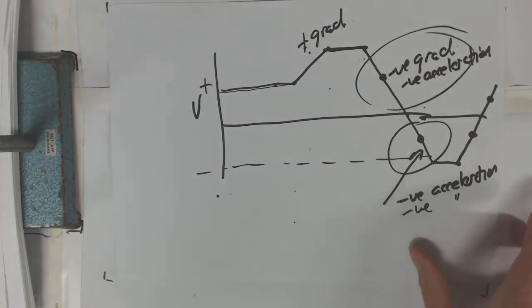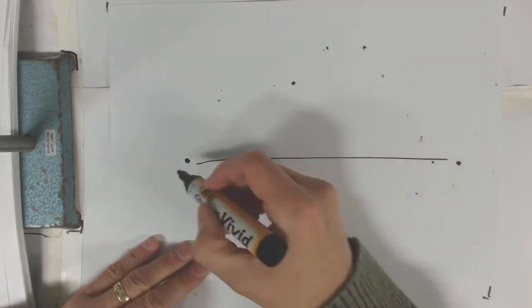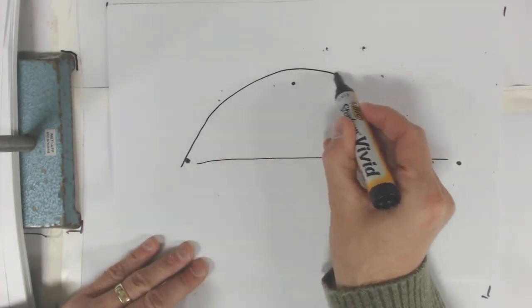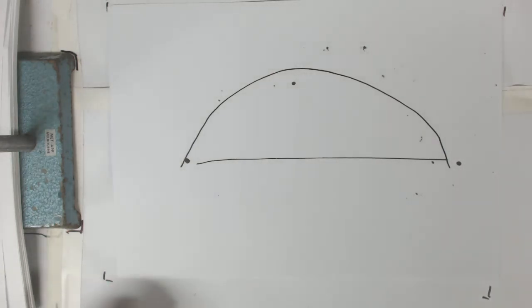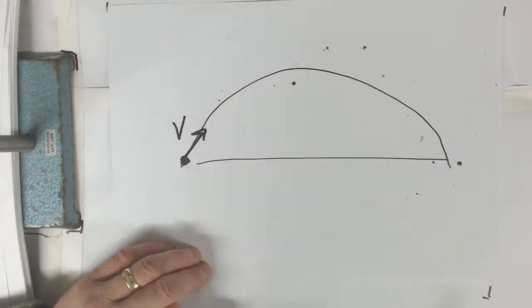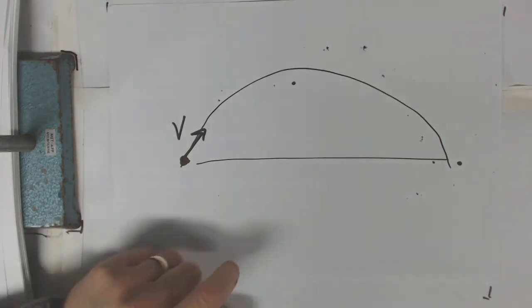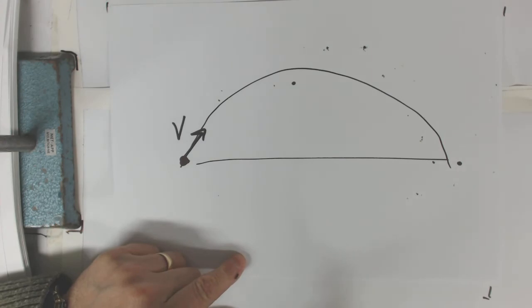Right? Let me just give you another example to further clarify that. Big field, I kick my soccer ball, big kick. When I kick, it immediately has a velocity. After that, there's only one force acting, gravity.